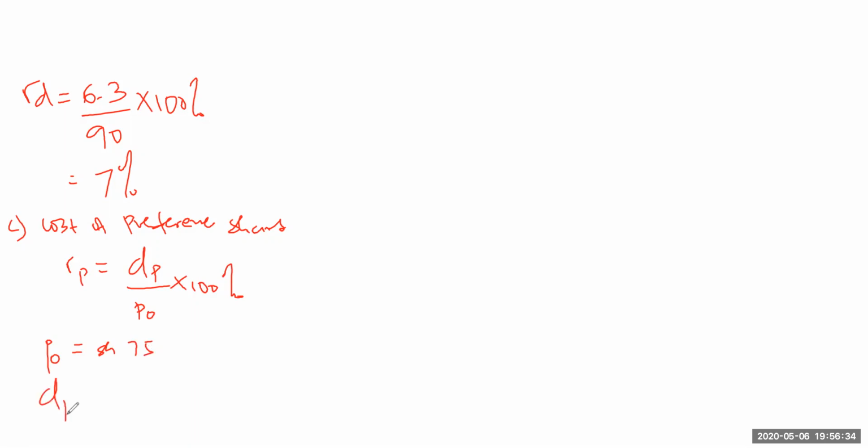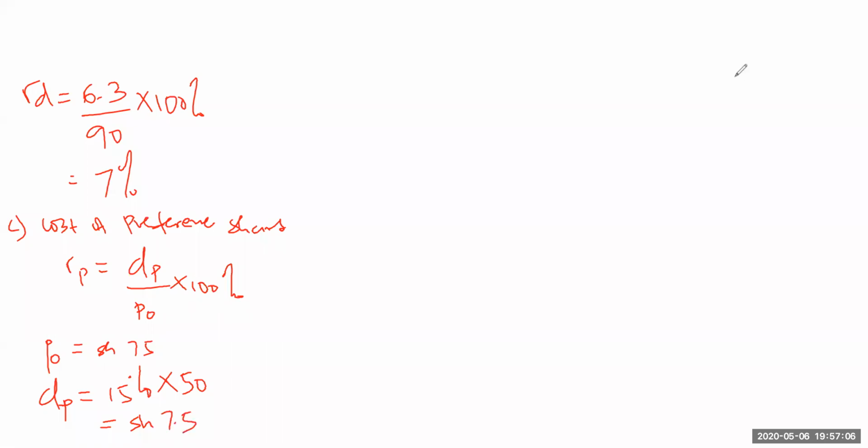Therefore, the preferred dividend will be equal to the rate it is paying the dividend at, 15%, times the nominal value. Be careful, don't forget you're going to use nominal values, and the nominal value for this preference share is 50. So 15% times 50 gives us 7.5 as the preferred dividend. Thank you for that.